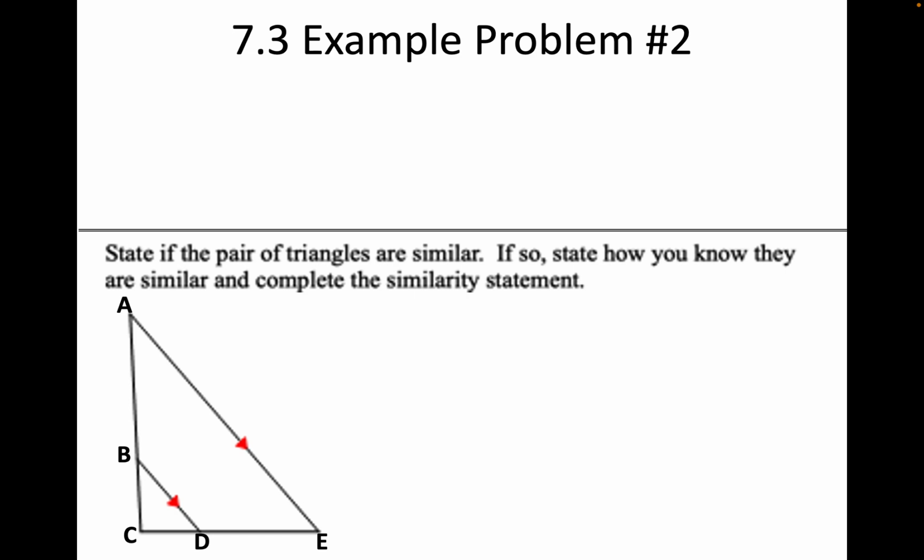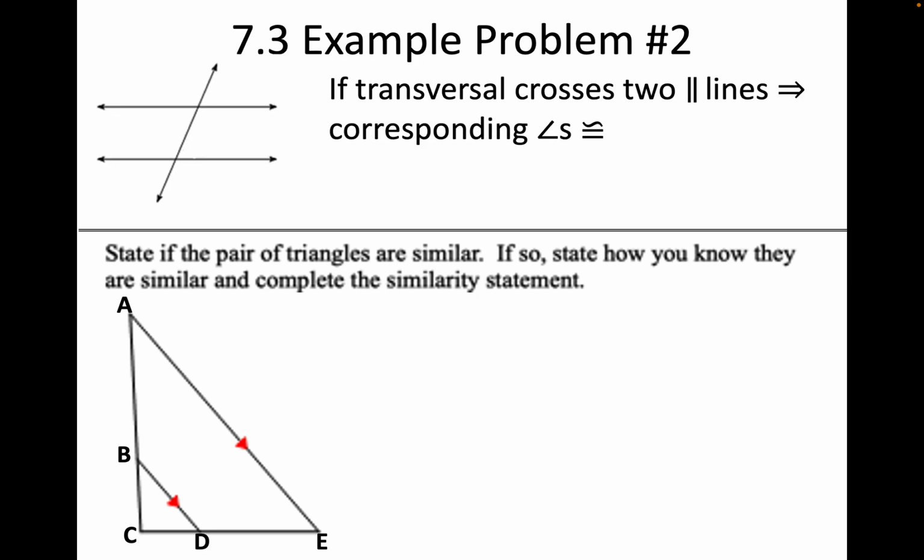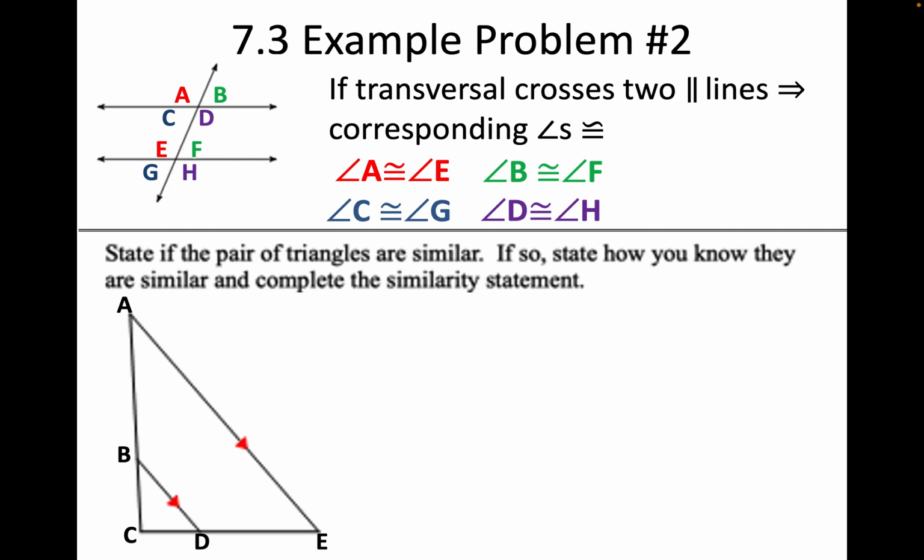All right, let's do another example problem, in this case example problem number 2. Before we do, let's do a very quick review to remind you that if a transversal crosses two parallel lines, then the corresponding angles are congruent. So in this case, we would say that A is congruent to E, and B is congruent to F, and C is congruent to G, and D is congruent to H. Using that, for this problem below, what we see here is that angle CBD and angle CAE are corresponding angles.